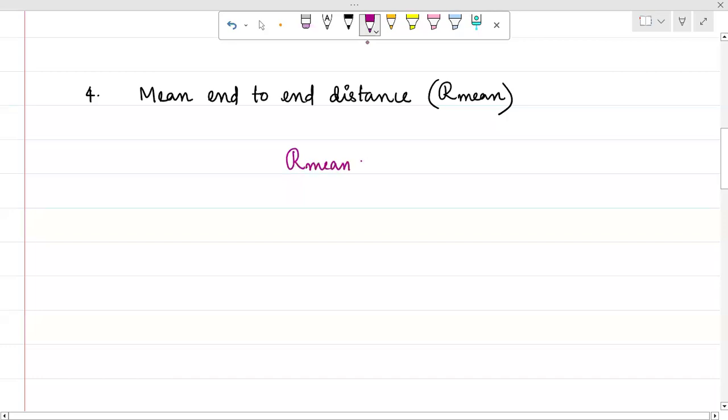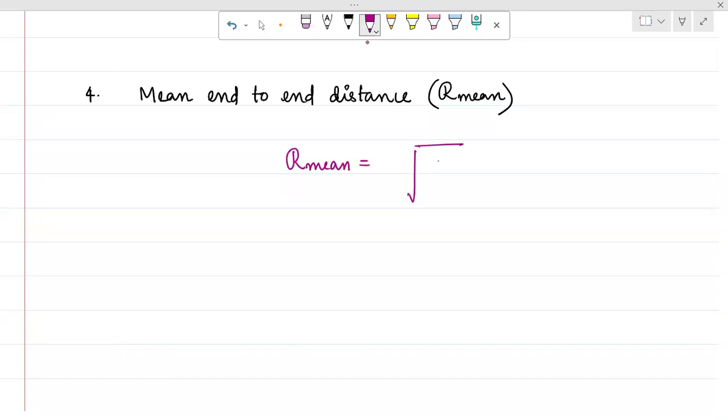R mean is equal to root of 8 by 3 pi into root mean square length. Or if I have to expand, it is root of 8N by 3 pi into L.